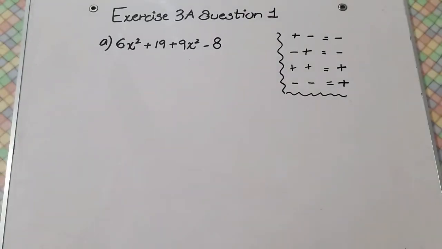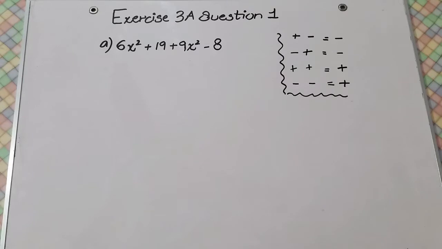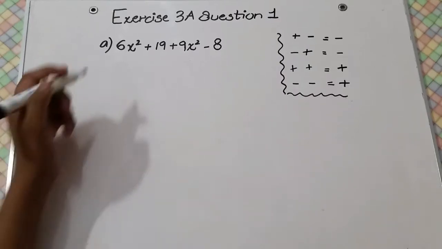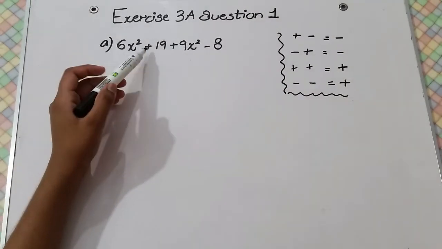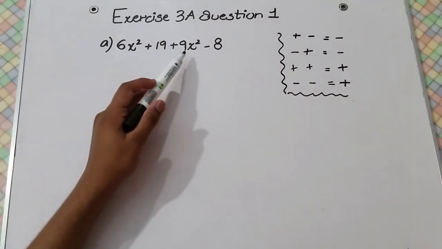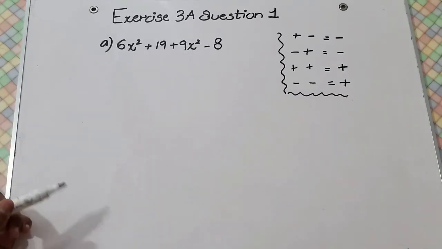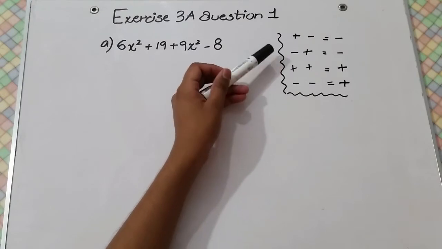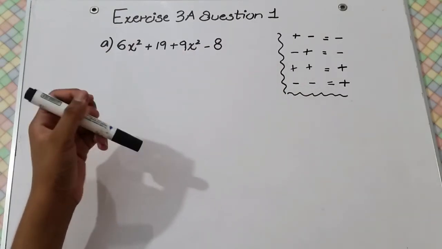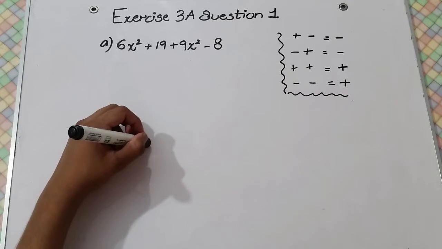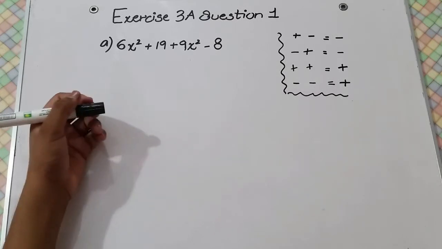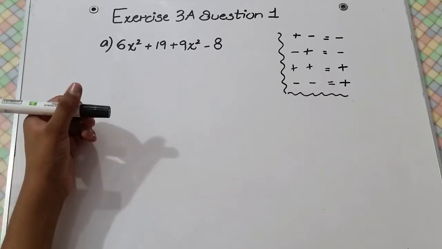So now let's start solving exercise 3a question number 1 of book 2. This is a new chapter, and in this we are having 6x square plus 19 plus 9x square minus 8. So this is the question. We are doing algebra. So before starting and solving this question, we're going to revise the terms and the terminologies that we use when solving integers and decimals, plus when we are solving algebraic expressions or quadratic expressions.